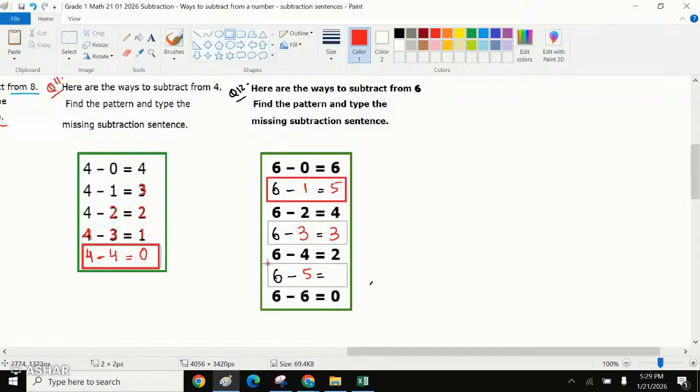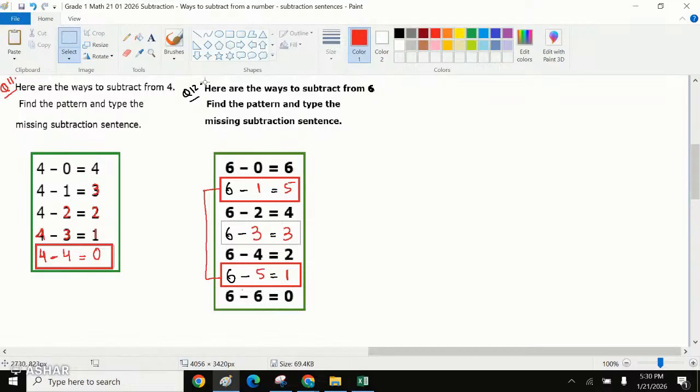If 6 minus 1 was 5, then 6 minus 5 should be 1. These two statements would be reverse of each other, right? If this was 6 minus 1 is 5, then 6 minus 5 should be equals to 1, right? So we can simply find the subtraction statements and we can write them as well.